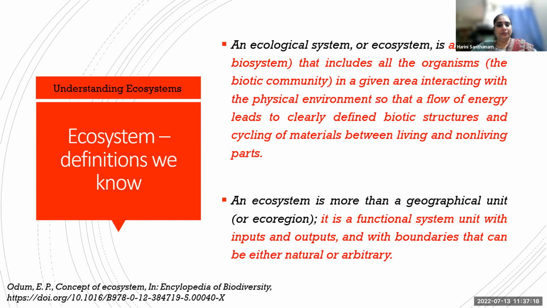So now we know that an ecological system, or an ecosystem, is any unit, in quotes, a biosystem, that includes all the organisms, that is the biotic community, in a given area, interacting with the physical environment so that there is a flow of energy leading to clearly defined biotic structures and cycling of materials between the living and the non-living parts. So herein comes another improvement in our understanding of what an ecosystem is.